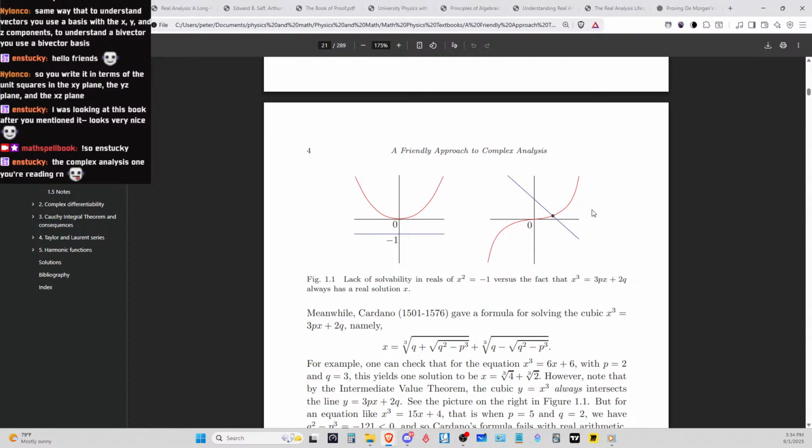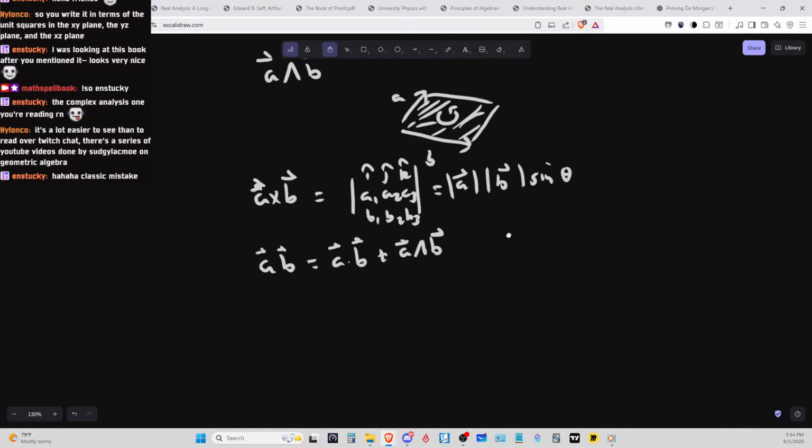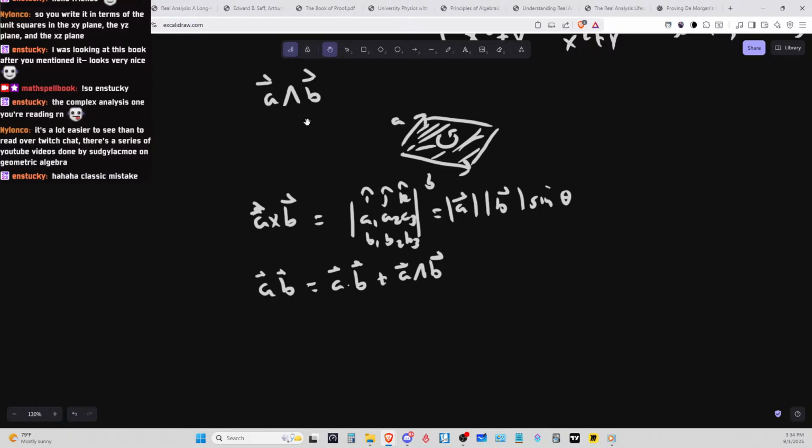I find the stuff I'm learning in geometric algebra cool, like the wedge product and the new stuff I just got exposed to. I started thinking, wow, this is cool, but at the same time, how do I do problems involving these?